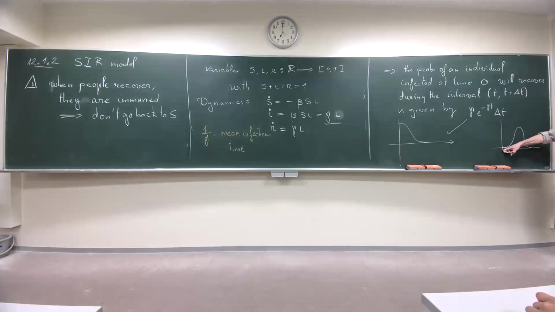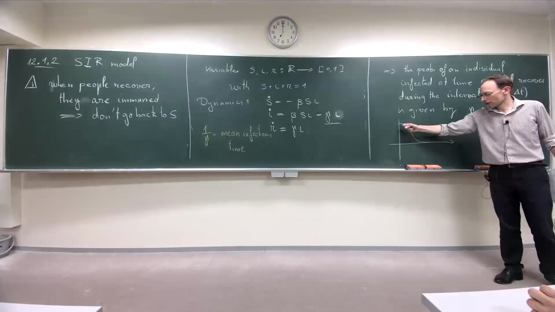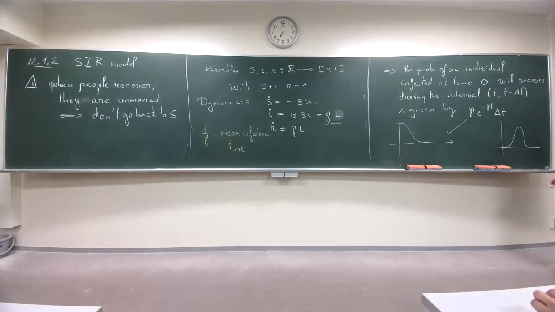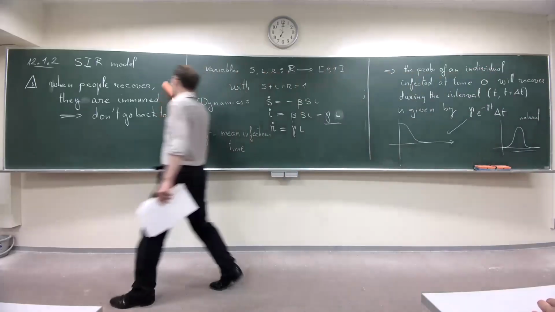You're sick for a few days, and then you start recovering. But this model is very simple, and it turns out that from the very beginning, you are not infected for a very long time, while this would be more natural. And there is a way to correct it and get such a curve, and I will mention it in a few minutes. So there is a price to pay for the simplicity of this model.